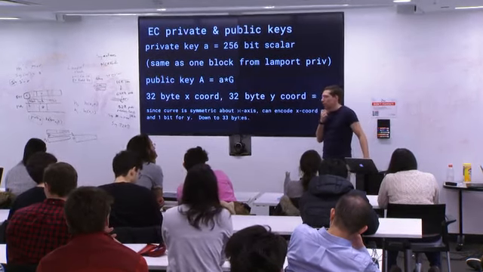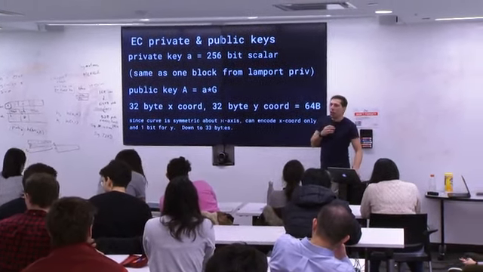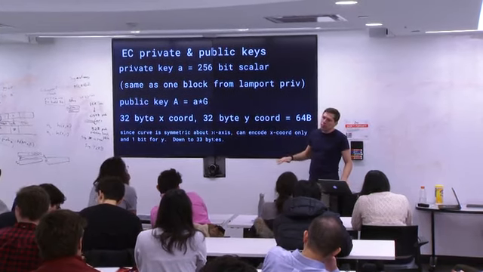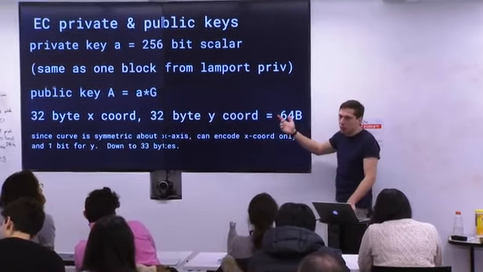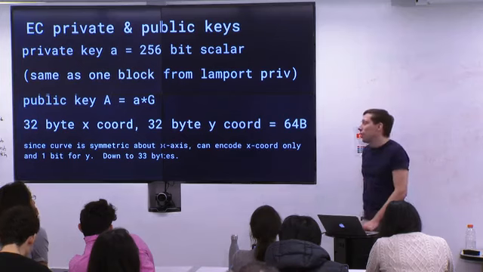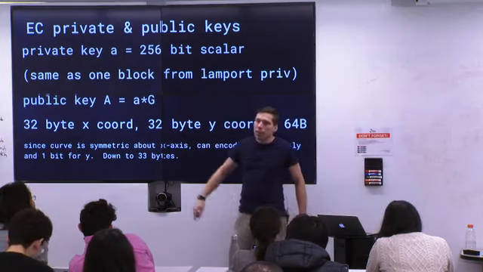What you can do is you can just say, look, I'm only going to allow public keys that are on the top, that have positive Y component, and everything else is disallowed. You could have that as a rule of your system, and then you can get rid of the Y bit.